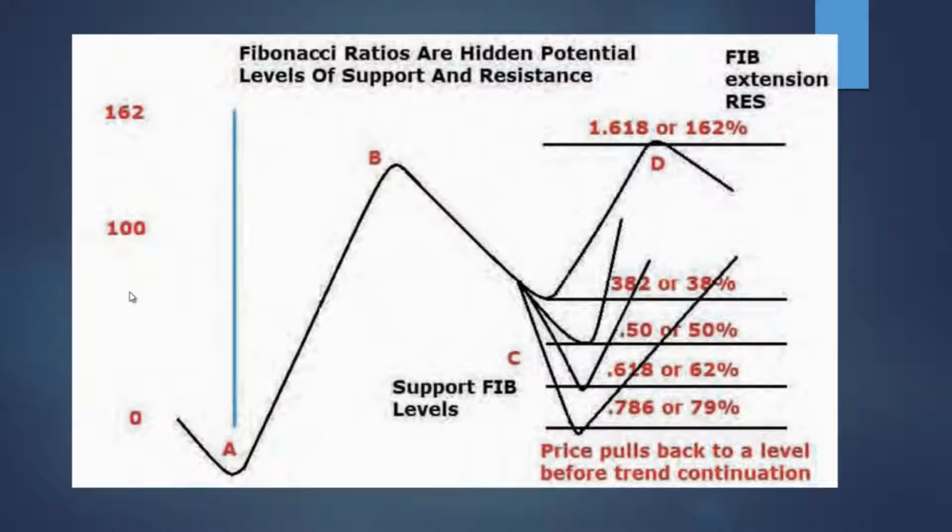In our previous video we spoke about support and resistance, which are horizontal lines. We talked about trend lines, which are diagonal lines. And in this lecture, Fibonacci levels are also horizontal lines. So there's a way you can use them as support and resistance. It's all about the application.